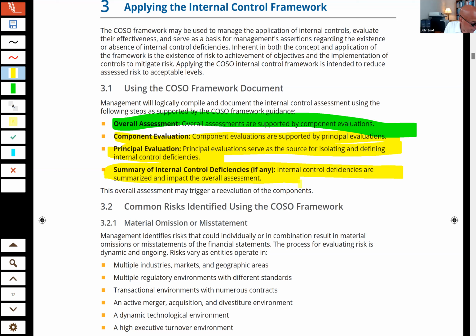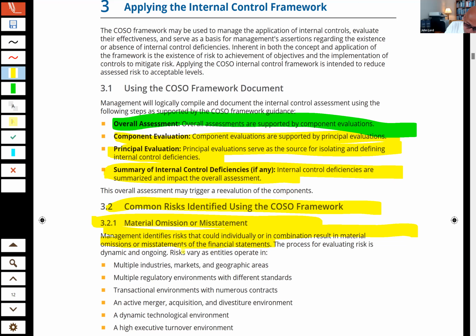Okay, now you take a look at common risks identified using the COSO, and we say material omission. So management identifies risks that could individually or in combination result in omission or misstatement, and this is for the financial statements. But again, this to me was written by an auditor, and you need to keep in mind for the BEC exam, it's not just financial reporting, it's also the compliance and the operating objective.